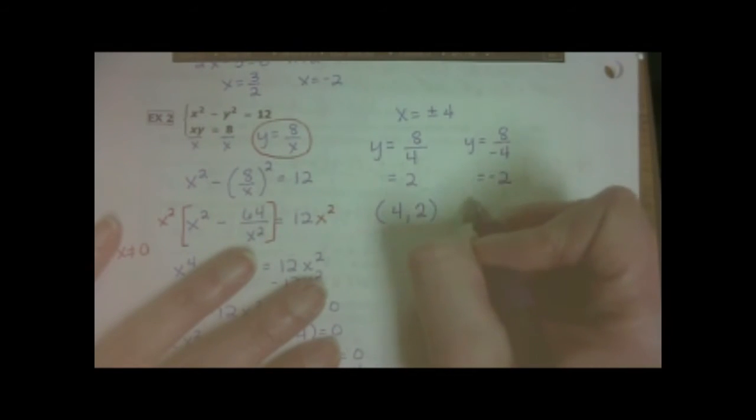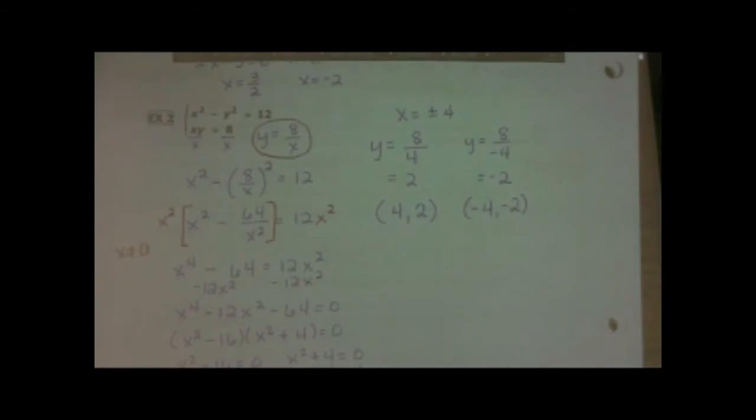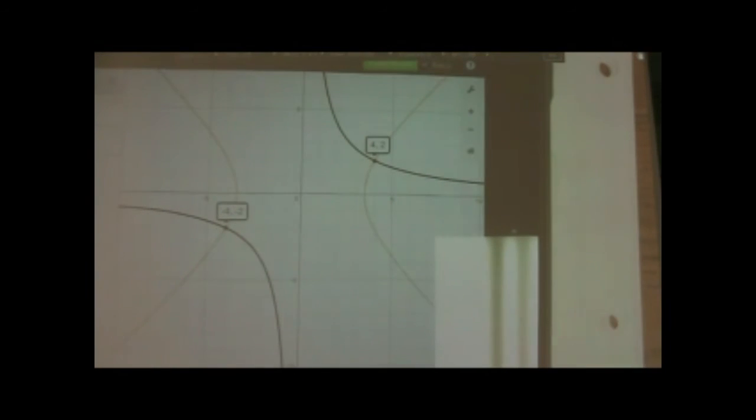So I have y equals 8 over negative 4, which gives me negative 2, which is the point negative 4, negative 2. And if we go take a peek back at our graph, we see those are the exact points that we have highlighted. All right, let's go to the next one.